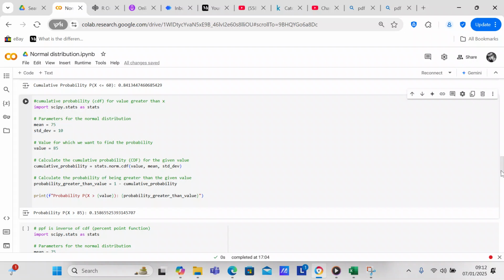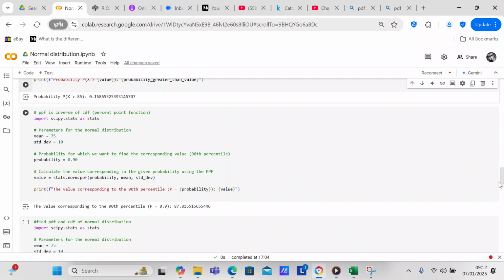If you're looking for a value that's greater than the value, then it's going to be 1 minus cumulative probability. That's the difference between the way you use those. I've been studying statistics for a while now, and I never really got the hang of it. I think you have to study statistics a lot to get the hang of it.